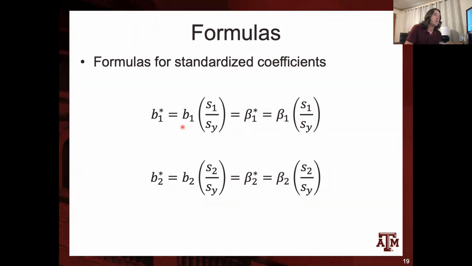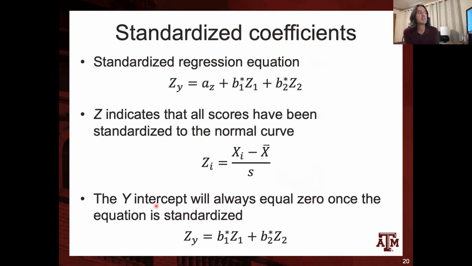And then we estimate the standardized coefficients, which are now normalized. They have an average of 0, and they vary across 0 to higher or lower values, right? The regression now is symbolized like this. Our constant is symbolized by the alpha z.